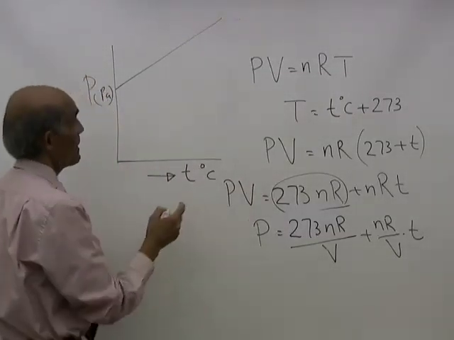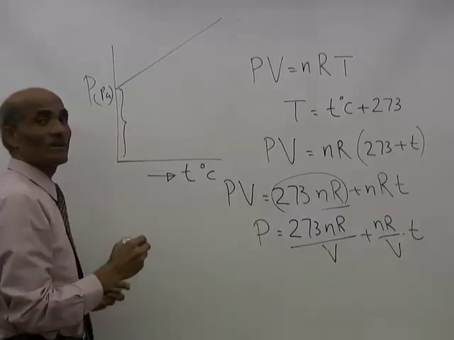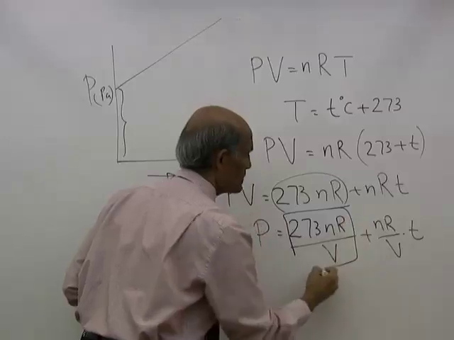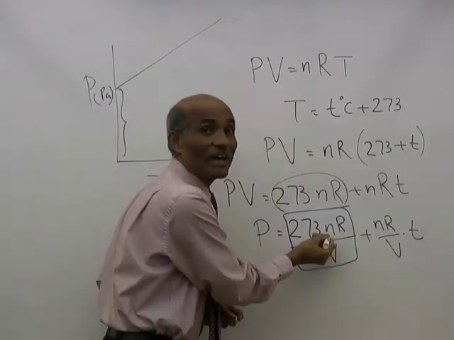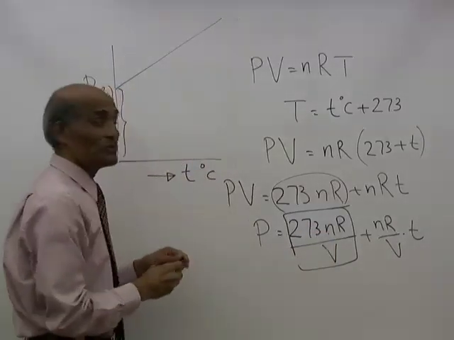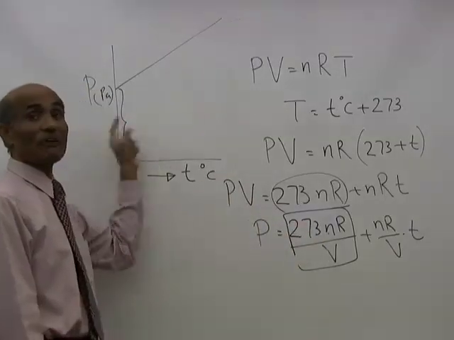Okay, now I want you to measure the y-intercept and set it equal to this quantity and obtain a value of n, the number of moles, from there. So, you can get two values of n from this graph.